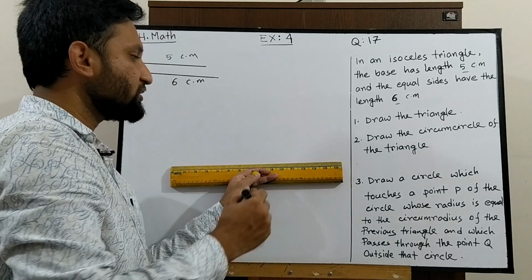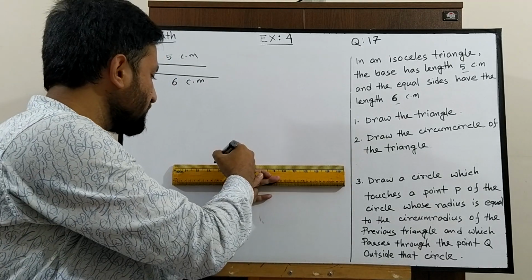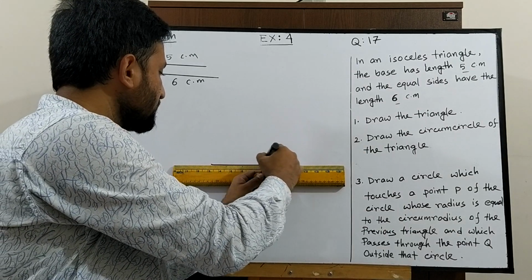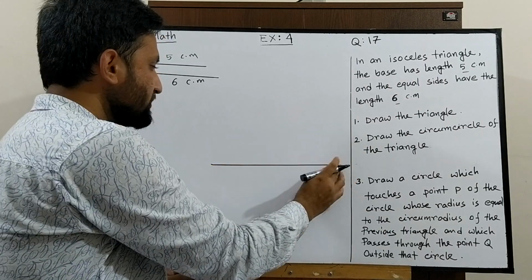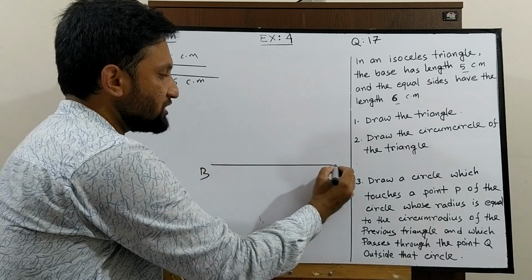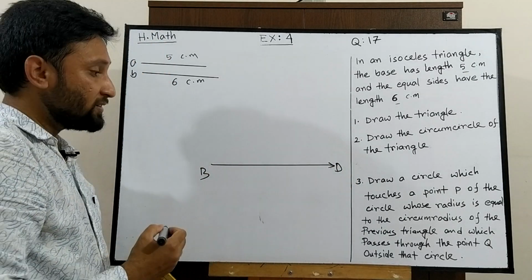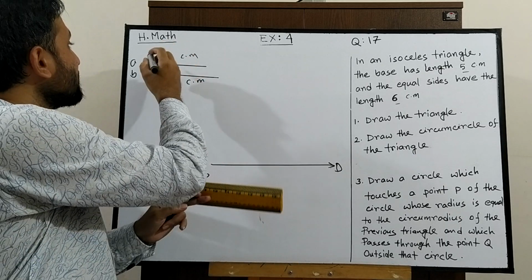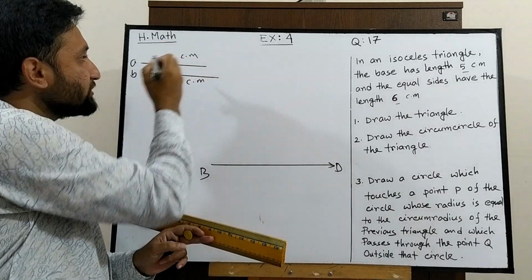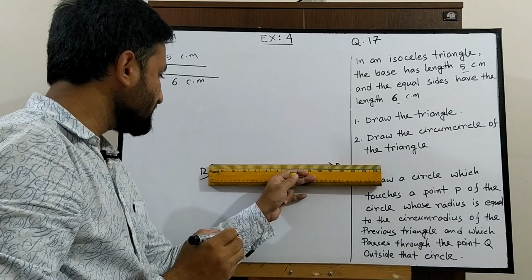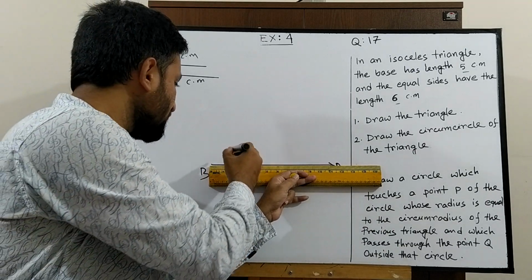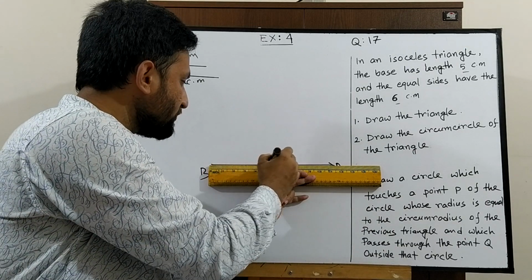So by using these two side lengths we have to draw the isosceles triangle. To draw the isosceles triangle, at first draw a line segment, suppose BD. In the line segment BD, cut off the base distance of 5 cm.